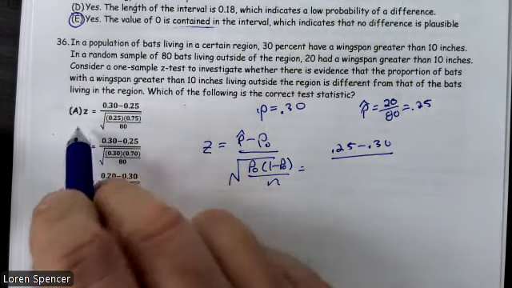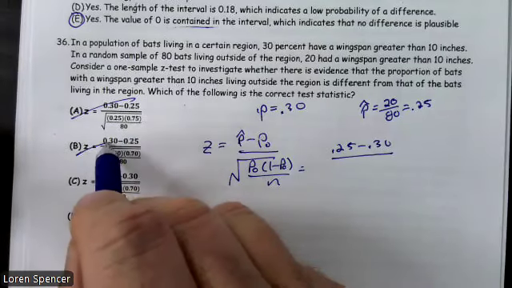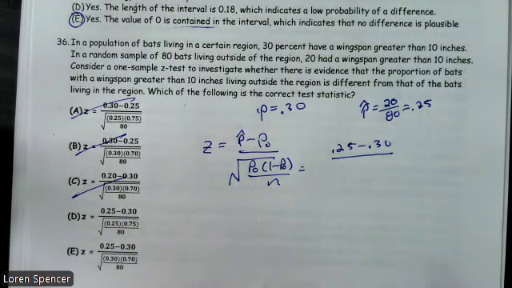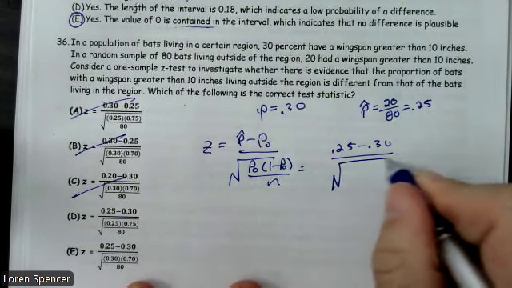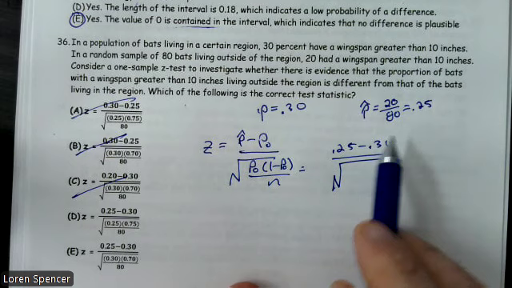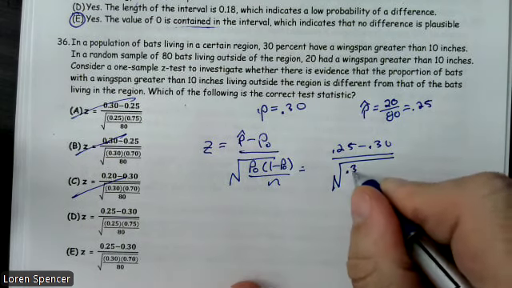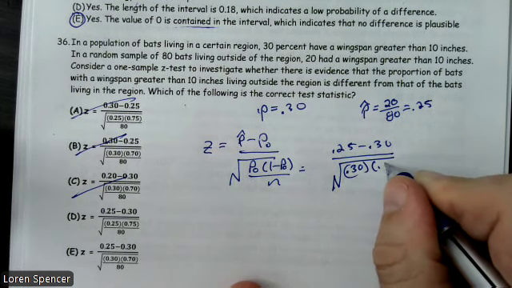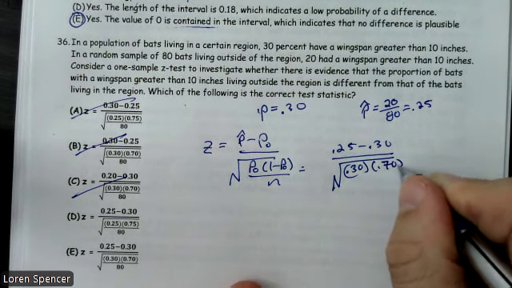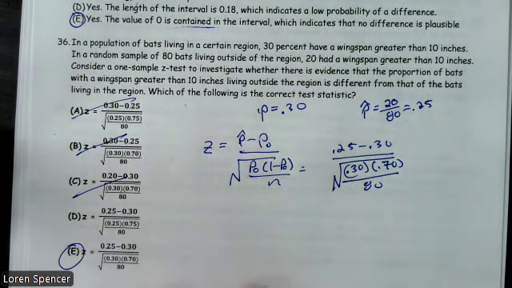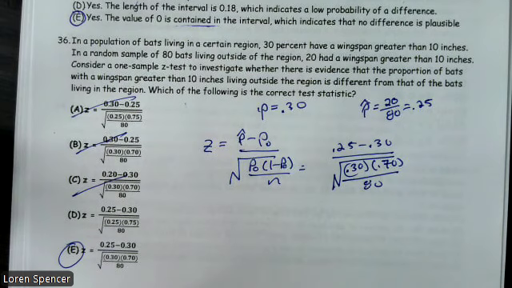Well, that gets rid of this one and this one and this one. The next thing, in our denominator, we make sure that we're working with p naught. So this is 0.30 times 1 minus 0.30, and 1 minus that is 0.7, over the sample size of 80. That means our answer choice to 36 is E.